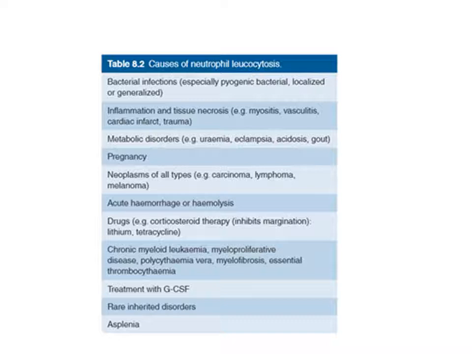So this is known as asplenia. This may be functional asplenia, or it may be due to removal of the spleen. In both these conditions, there is no storage in the spleen, and we can see high neutrophils, a high total leukocyte count in the peripheral blood.